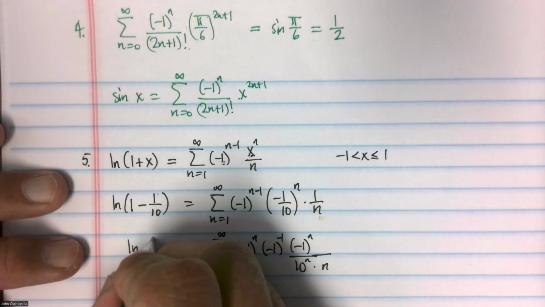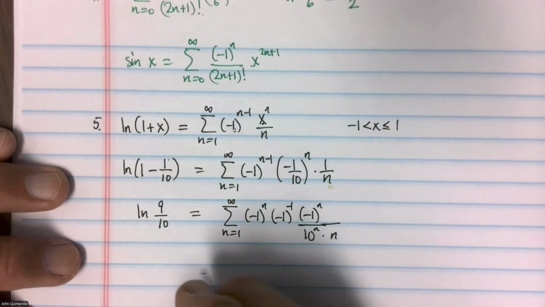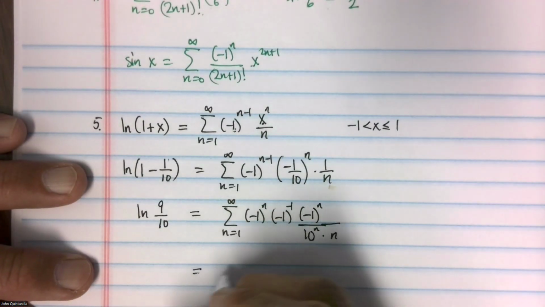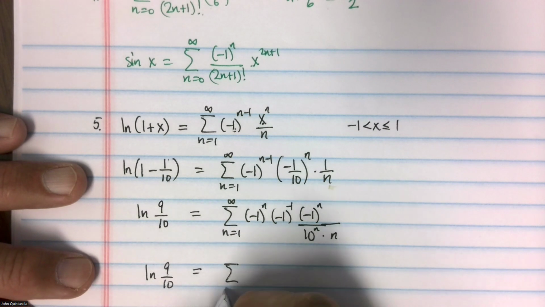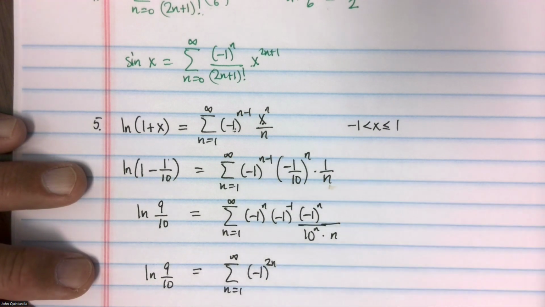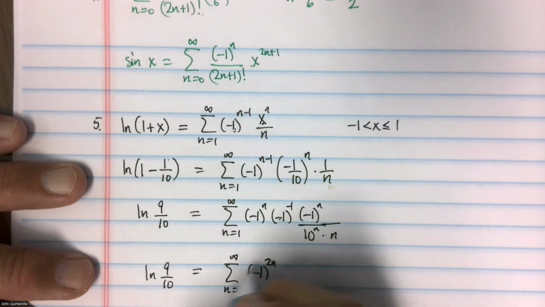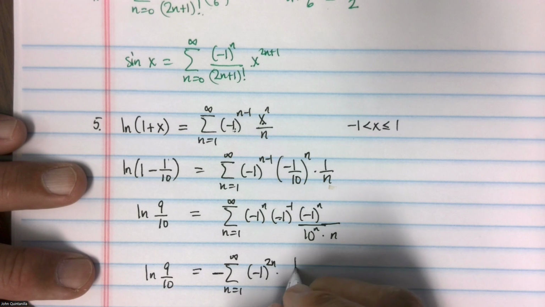So I've got natural log of 9/10 is equal to the summation n equals 1 to infinity of negative 1 to the 2n. Negative 1 to the negative first is negative 1. And then 1 over n times 10 to the n.